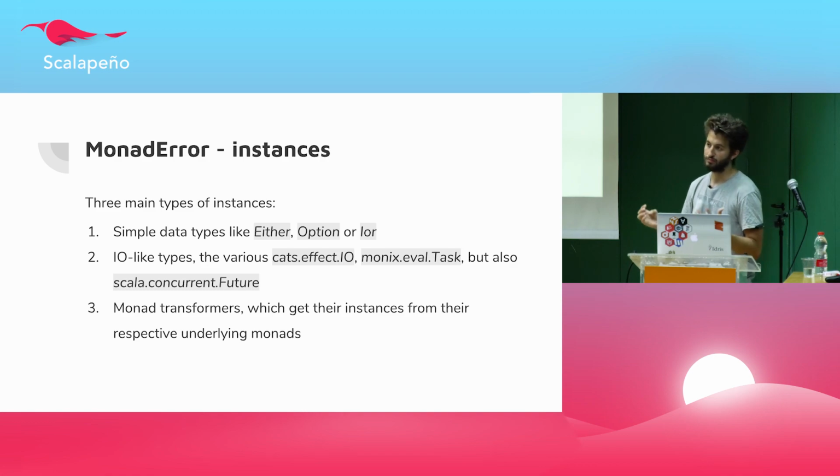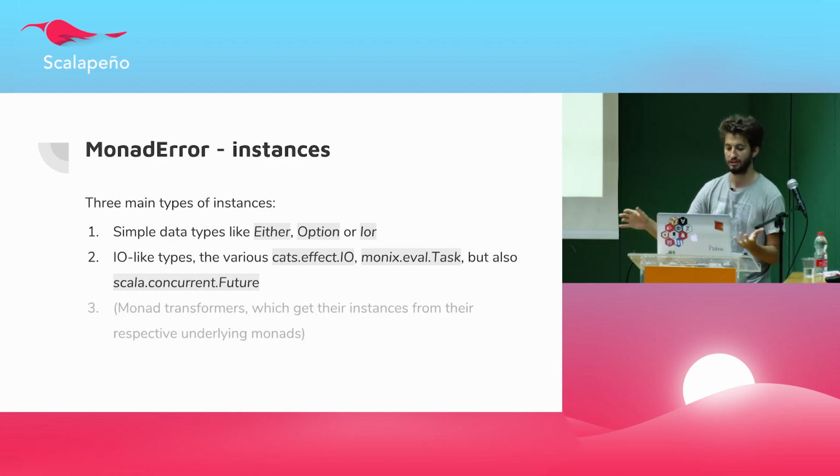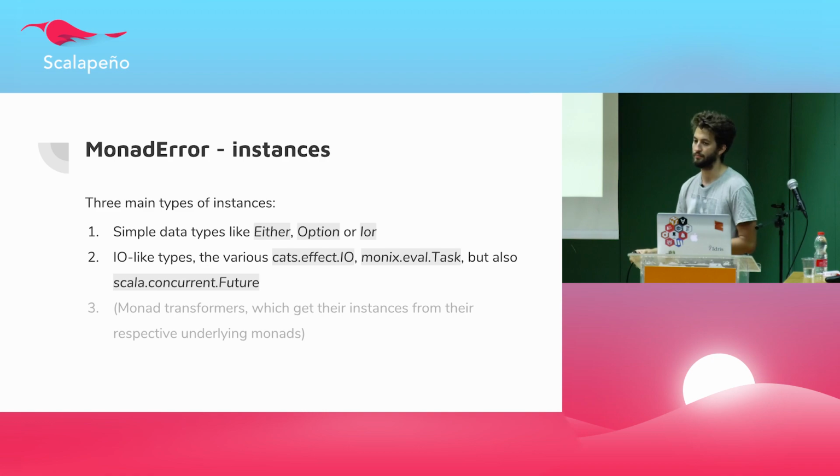Then we have these monad transformers, like StateT, that I just showed you, and they get their instances from the respective underlying monads. But actually, I'm going to argue that they don't really count because they're not primitive in that sense. So we're only going to look in detail at these first two types of instances, right? So these data types and these IO-like types.